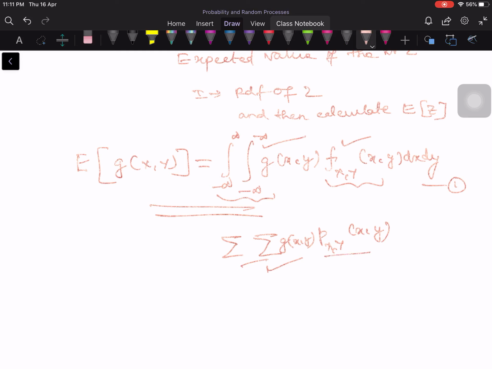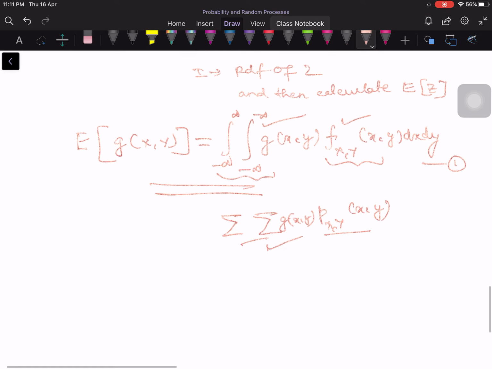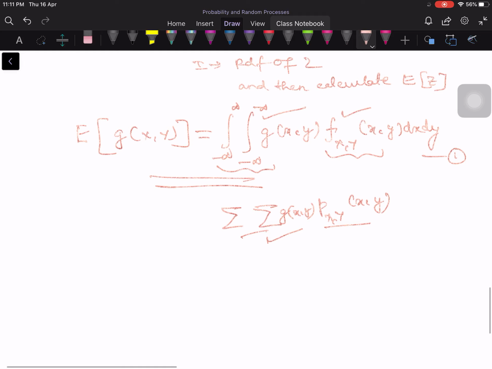Now let us see how we can interpret the continuous case compared to the discrete case. The interpretation is a little subtle, and we will see how we can interpret it.